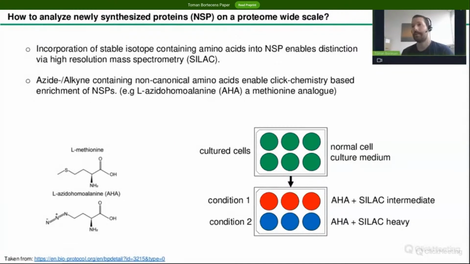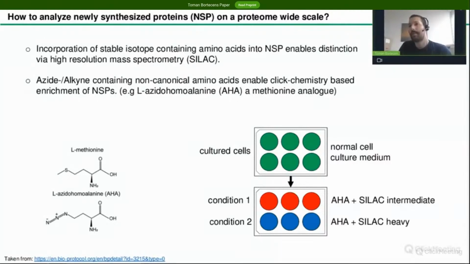In this case, the method relies on a combined metabolic labeling strategy, which first of all uses stable isotope containing amino acids, or SILAC for short, which are incorporated into the newly synthesized proteins and can later be distinguished through LC-MS analysis by the high resolution mass analyzer.